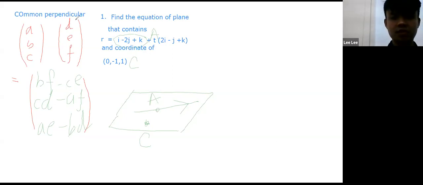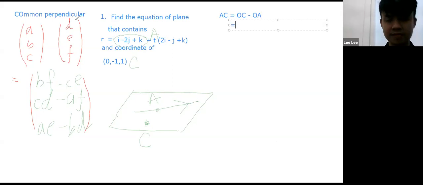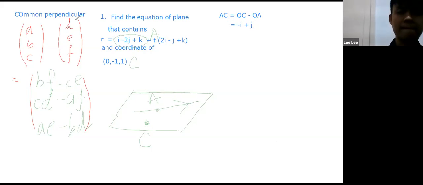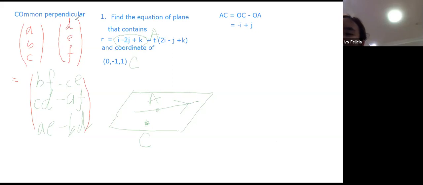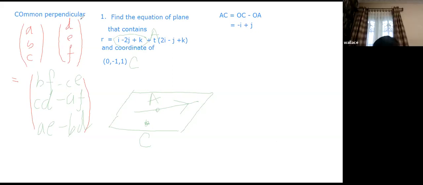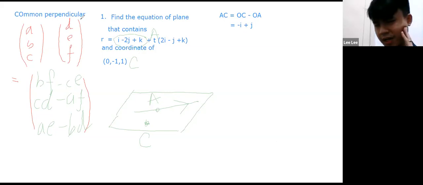Now, if I ask you to find AC, how are you going to find AC? OC minus OA. So what is AC? Negative i plus j plus 0, right? So there is no k. Anyone have questions until here? Isn't there no i? OC minus OA.